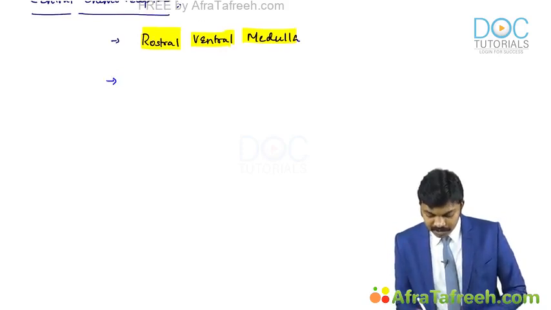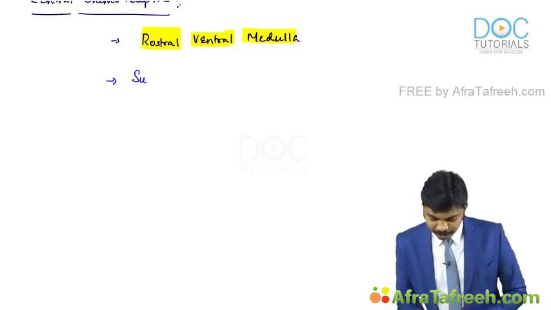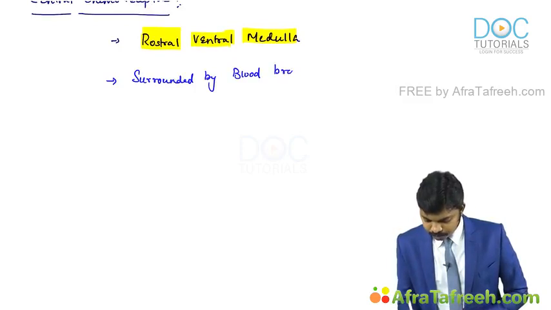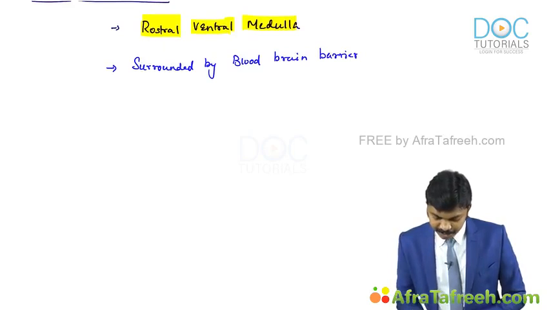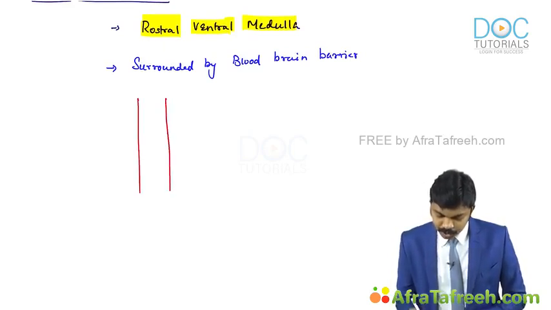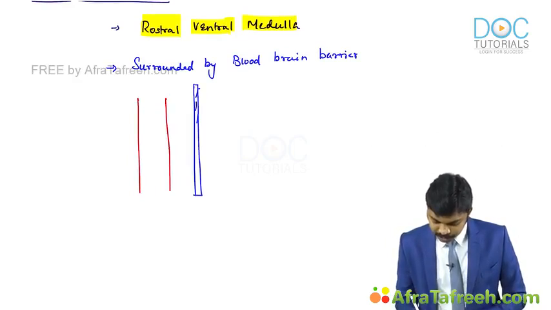Point number 1, all these receptors are surrounded by the blood-brain barrier. So anything which is altered in the blood is not going to influence the neurons directly. Okay, so let us consider the intervening structure as the blood-brain barrier.